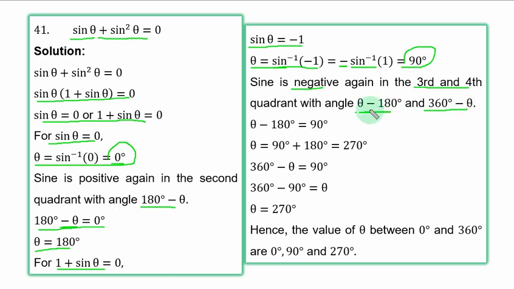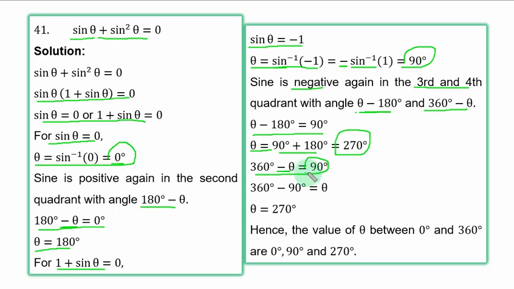You equate each angle to the 90 degrees you obtained previously. You have it in this form. From here, theta is 90 degrees plus 180 degrees, and that is 270 degrees. And you equate the second angle to the same 90 degrees. You transfer minus theta to the right, it becomes positive.